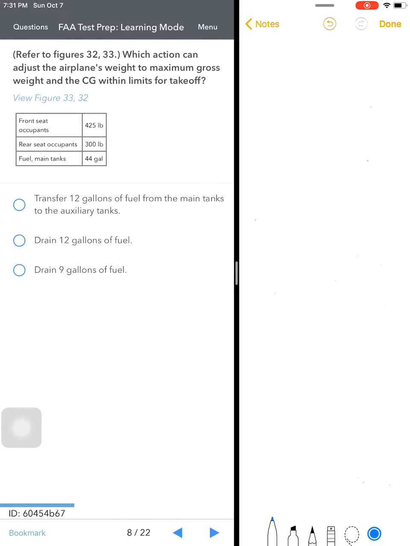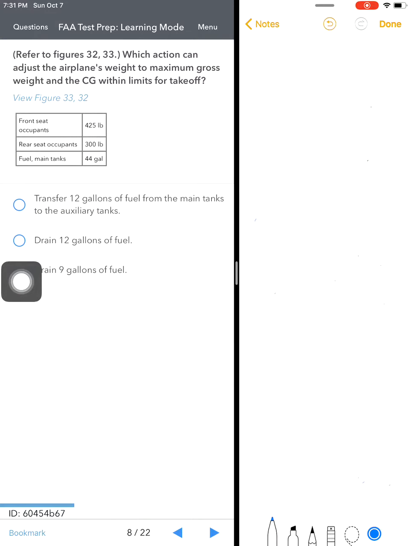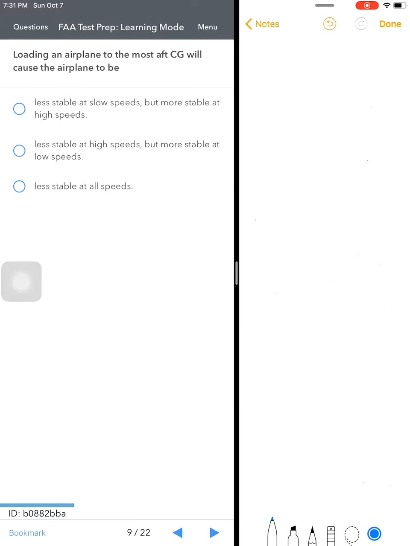So next question is which action can adjust the airplane's weight to maximum gross weight and the CG limits for the takeoff. Same thing, you put down all these numbers here, and go here. It's almost the same question, so I don't have to go through this one. You can think about that. Let's go to the next one.